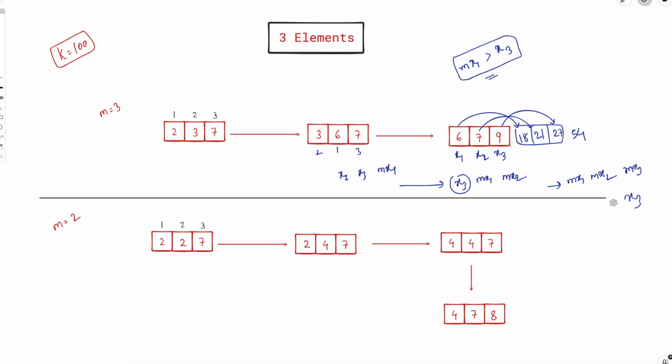Because this inequality is satisfied, if you multiply by m, this will go here. In other words, after you apply one more operation, this would become mx2, mx3 and m square x1, right? And if you again apply one more operation here, this would grow after this one, because x1 was anyway smaller than x2, right? So this will continue, and hence if this criteria is satisfied, you are sure that things will repeat one after another, right?